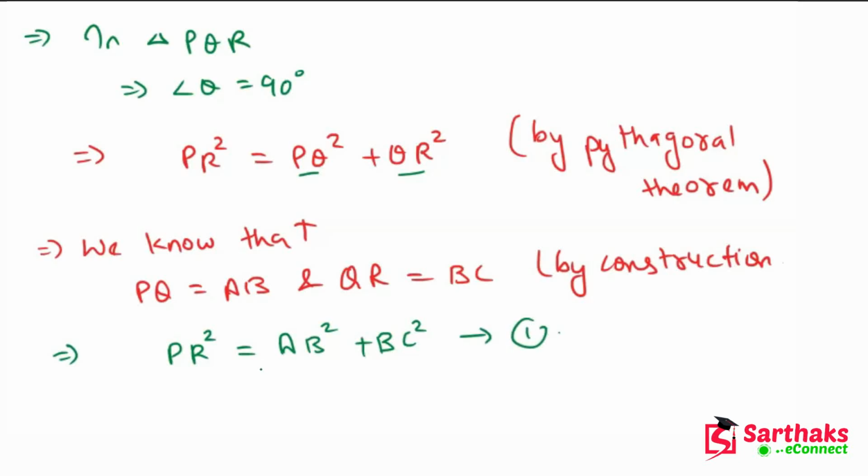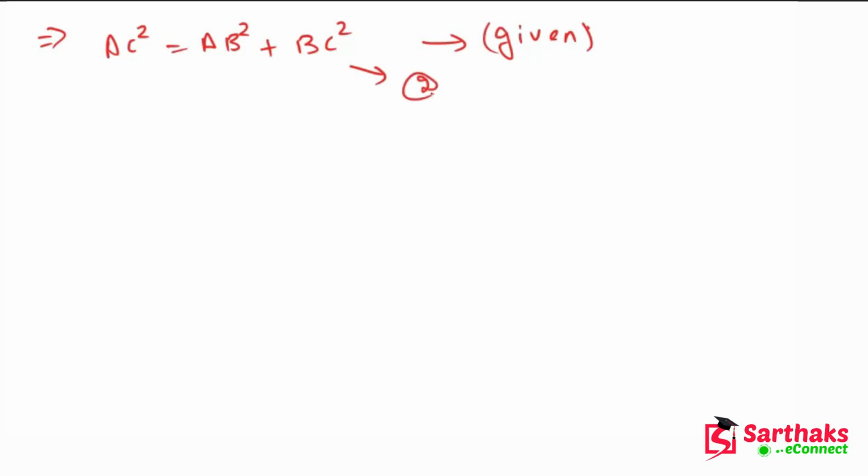I hope you understand these things. Now we know very well that AC square is equal to AB square plus BC square. This is the given, and we name this equation as the second equation.